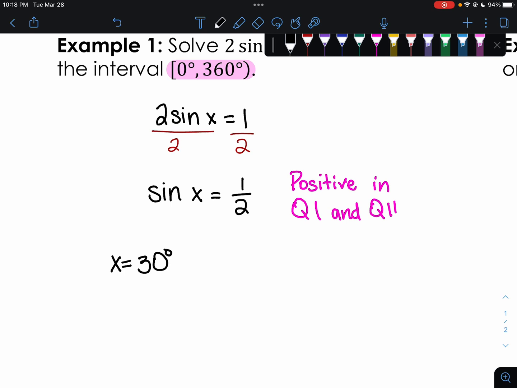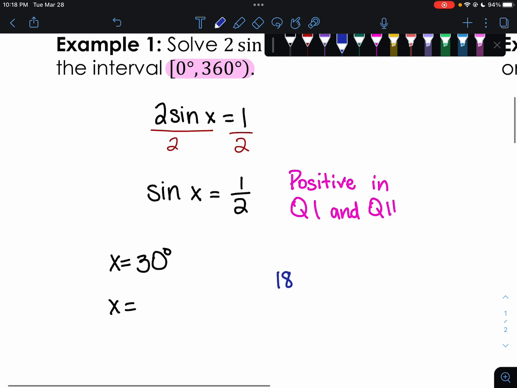Now, the next one we need is going to be in quadrant 2. So you can use the knowledge of reference angles and working backwards to help you with that. So what I mean by that is typically what we do is we do 180 minus the angle, and it gives us our reference angle of 30. So what we're going to do now is we're going to work backwards.